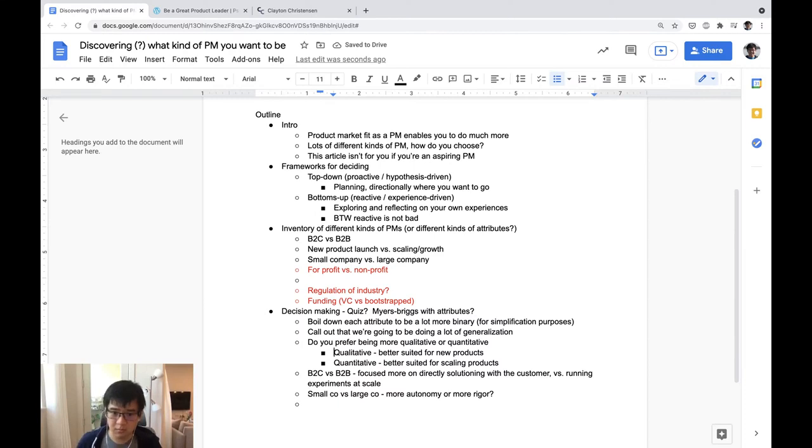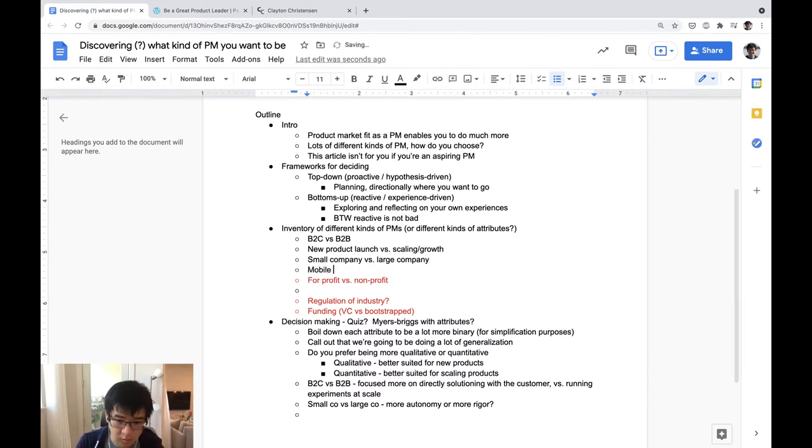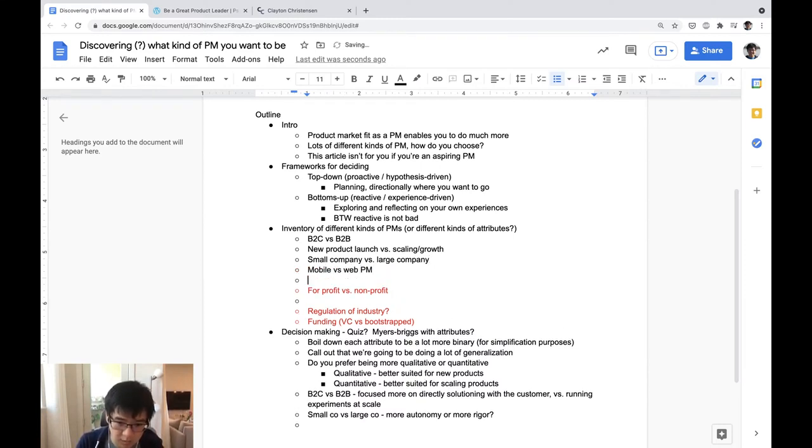And then, again, I'm partially cheating by looking at my own book that I've written, just so I don't forget anything. There's a mobile vs web PM. There's a UX vs technical PM.